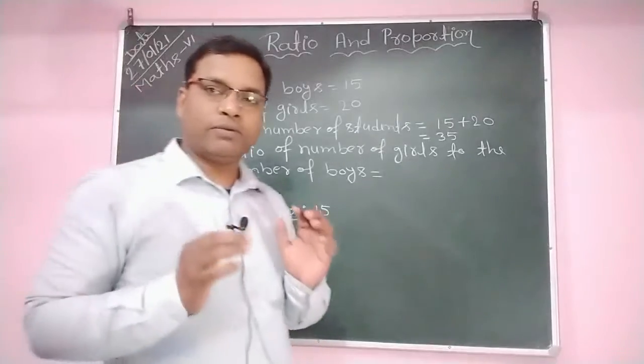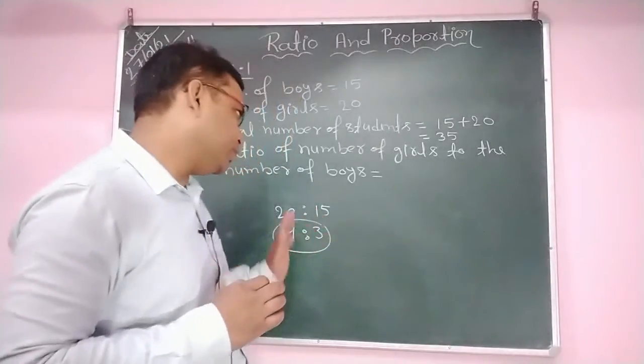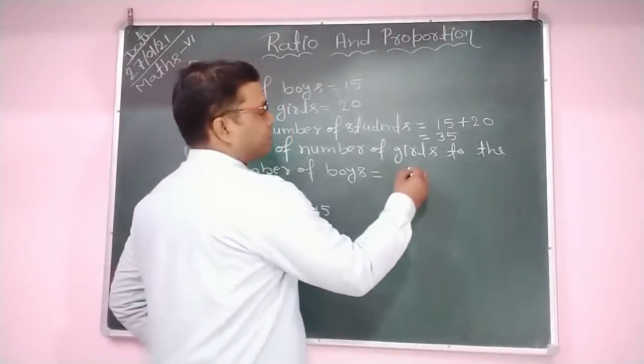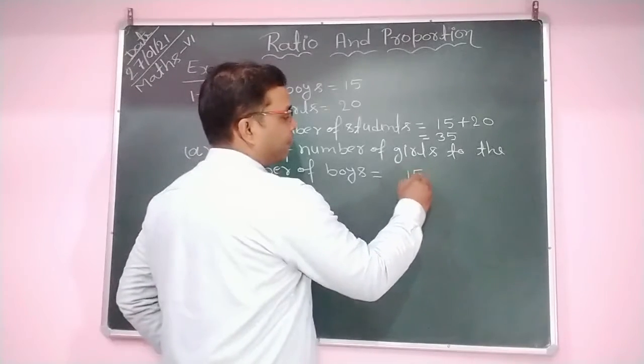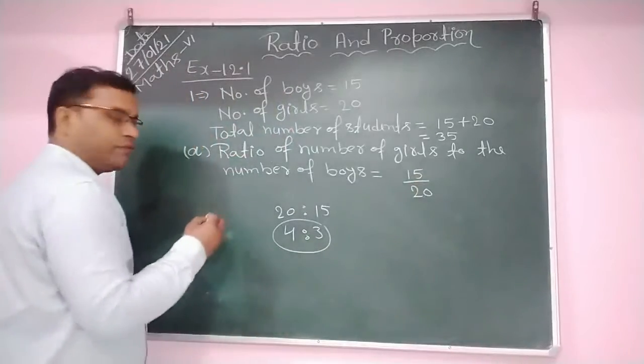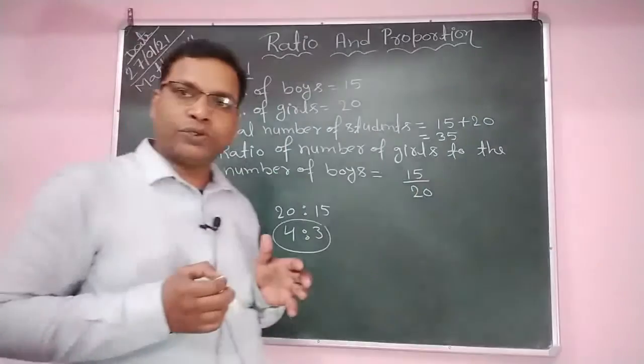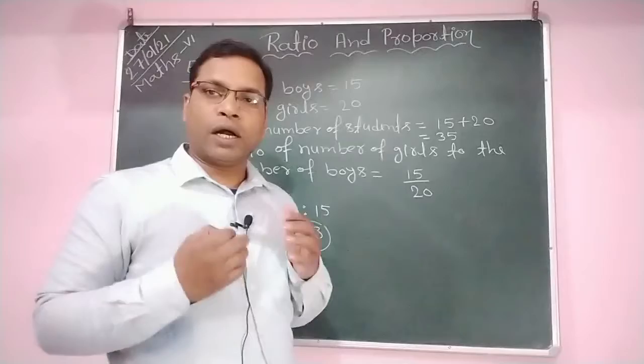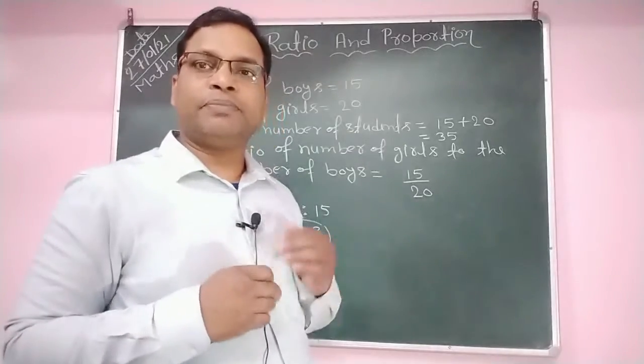If you have any doubt about finding the ratio, you can write it in this form. In the previous video we already discussed what a ratio is and how we convert it into a fraction and a percentage.